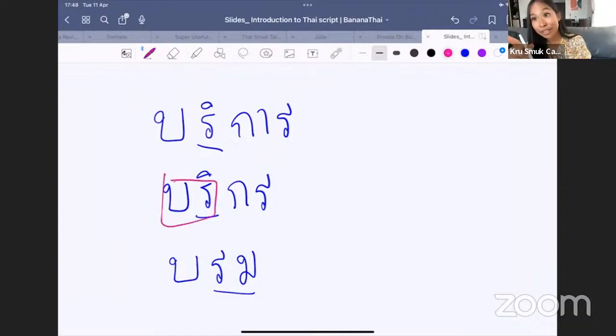Then you have to learn the clusters first and see what the clusters are, right? But this is not a cluster, so you can definitely jump in and say this is bari.